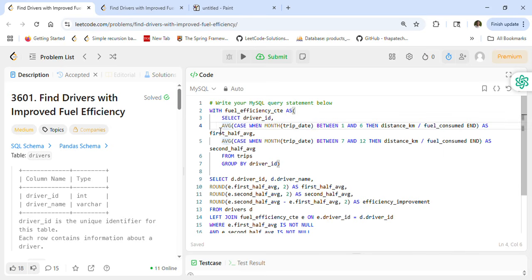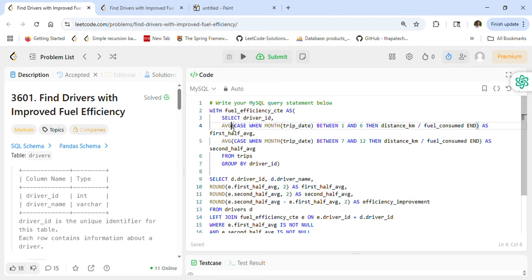We'll call it first half average. Then this whole thing gives you the average of the second half, which we'll call second half average. How do you do it? You read the month from the trip date, and it should be between 7 and 12, which means it's for the second half. Then you calculate the fuel efficiency again, distance km divided by fuel consumed, and take the average of that, from the trips table, group by driver ID.